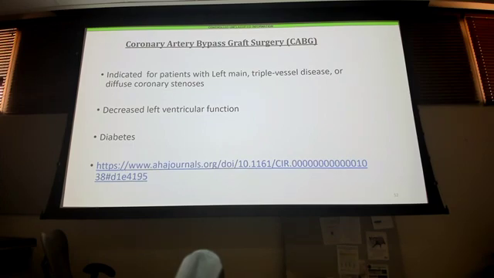Okay, that patient, that provider in the news story had that, and that's why they did the CABG. But it could also be if that patient was diabetic, because they tend to have higher risks than folks who don't have diabetes. So maybe some criteria to do a CABG over PCI. Okay.